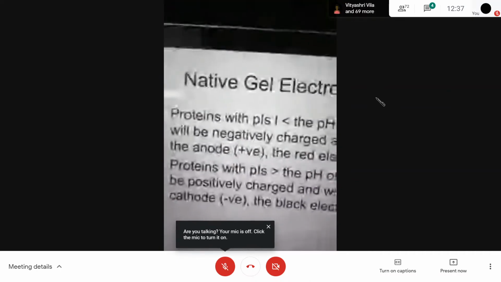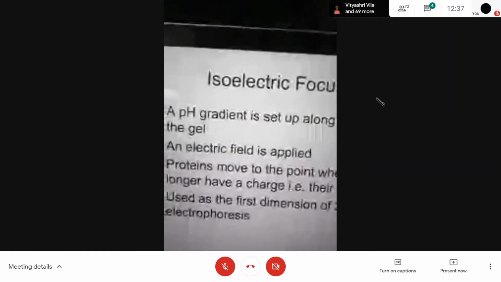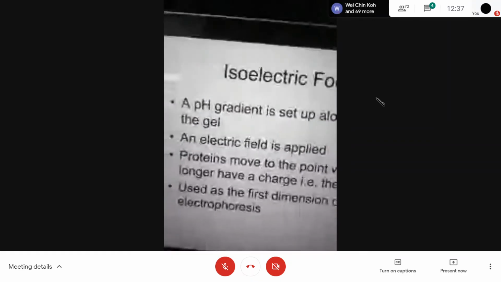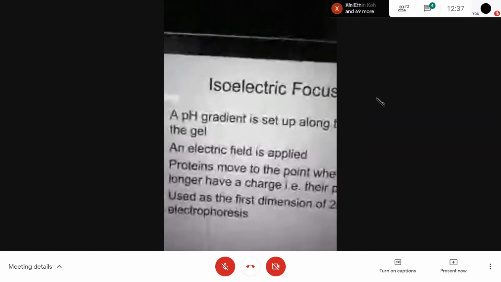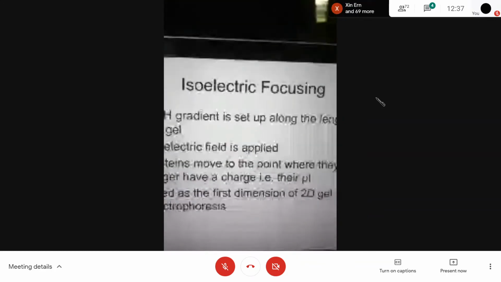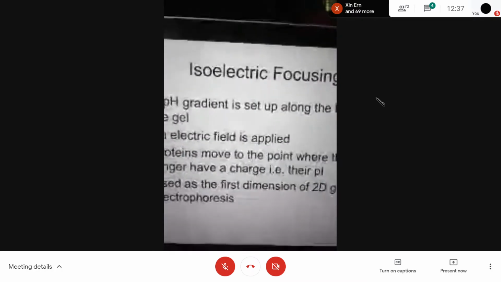Okay. So the last part of protein separation based on charge is using isoelectric focusing.